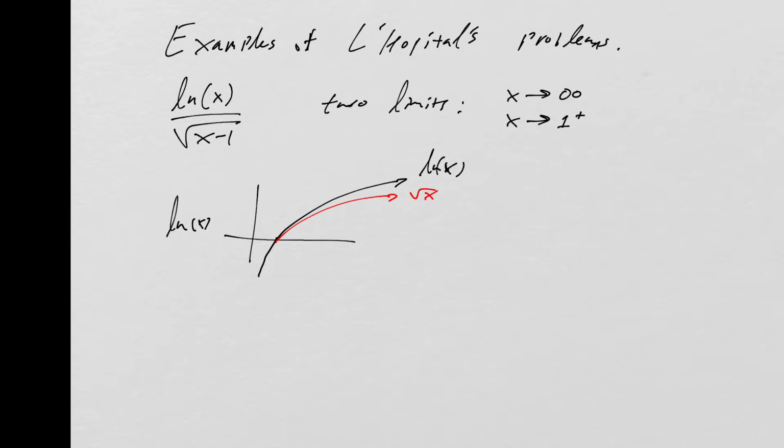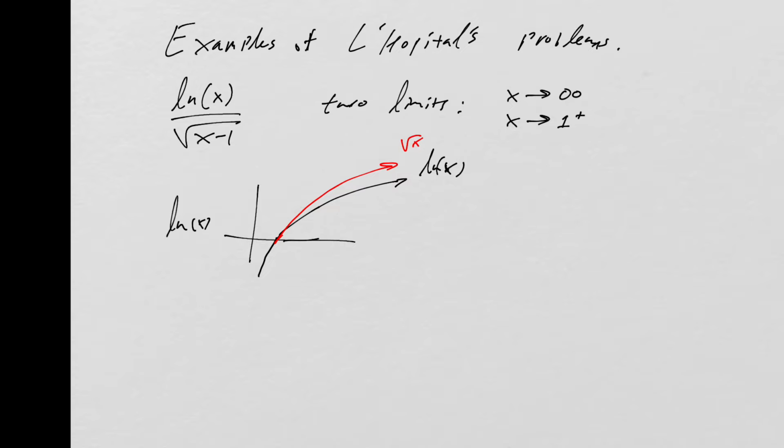So the question then, of course, is which one is bigger in the long run? We do know that the square root of x should actually go above at some point, like that. That should be how it looks.